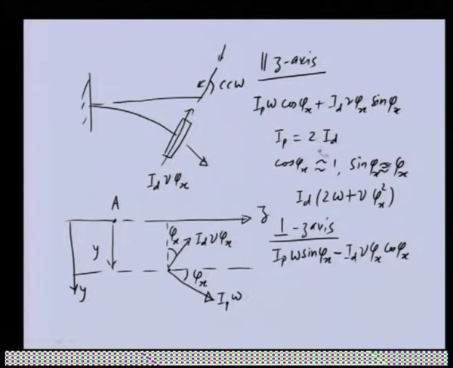Again, if we apply this simplification of the angle and we substitute Ip equal to twice Id, this can be written as Id phi x (2 omega minus nu). So, this is one equation, this is another. These are the angular momenta which are acting along the direction of the z axis and perpendicular to it. Now let us see these vectors separately.